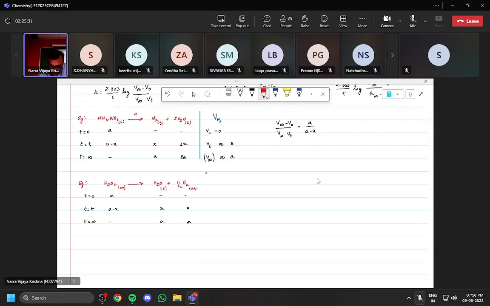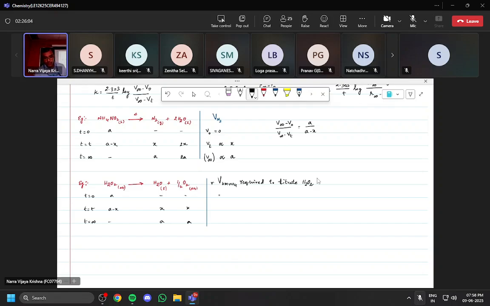Now, I am estimating hydrogen peroxide in a different way: volume of KMnO4 required to titrate hydrogen peroxide.